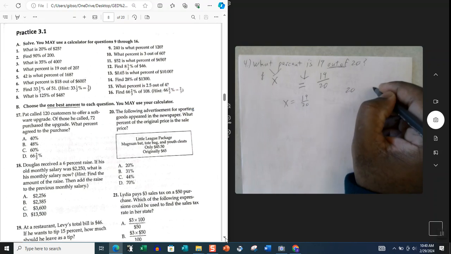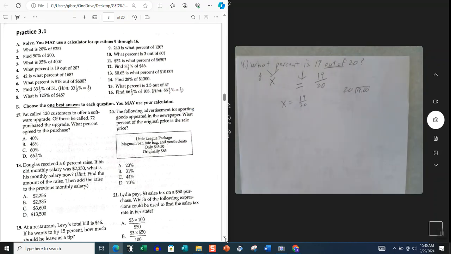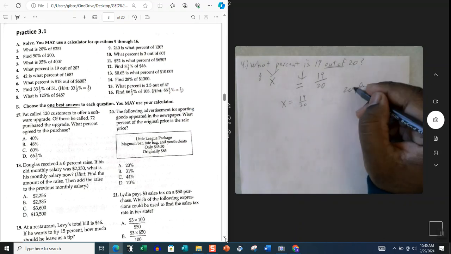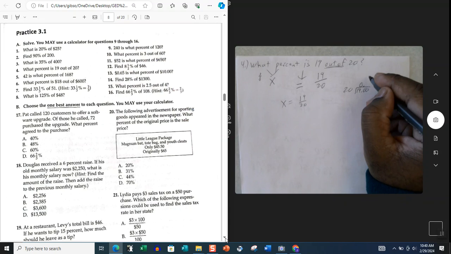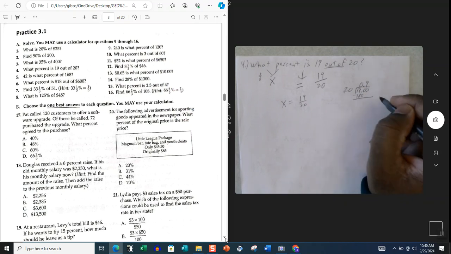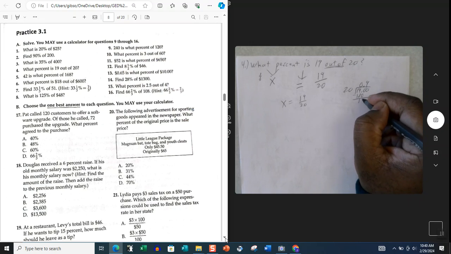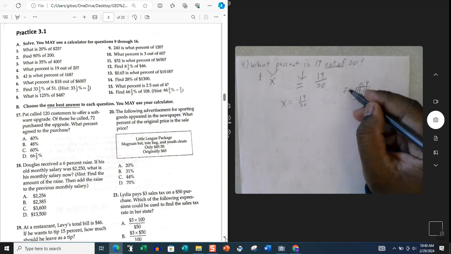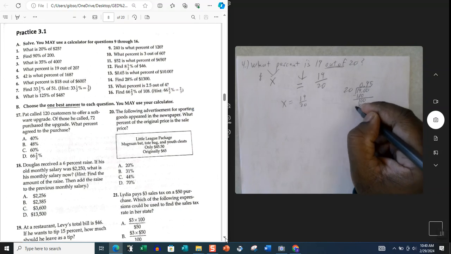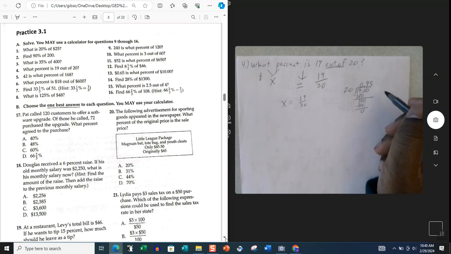So we could take 20 into 19, we'll put a decimal and 2 zeros. 20 doesn't go into 19, so that'll be 0. 20 goes into 190 9 times. 9 times 20 is 180. 190 minus 180 is 10. Bring down your 0. 20 goes into 100 5 times. 5 times 20 is 100. So we have 0.95.